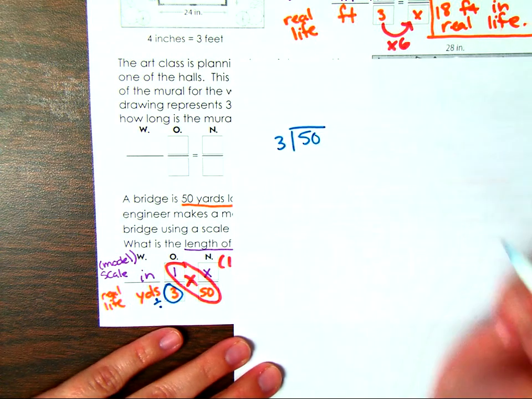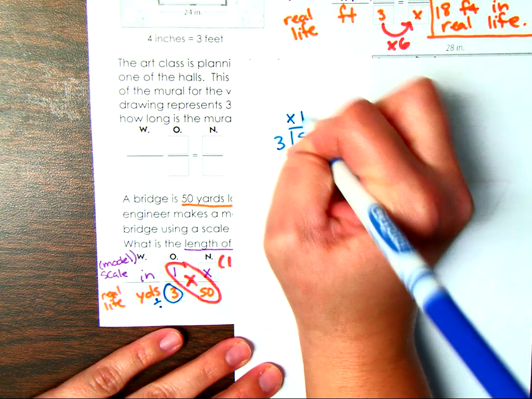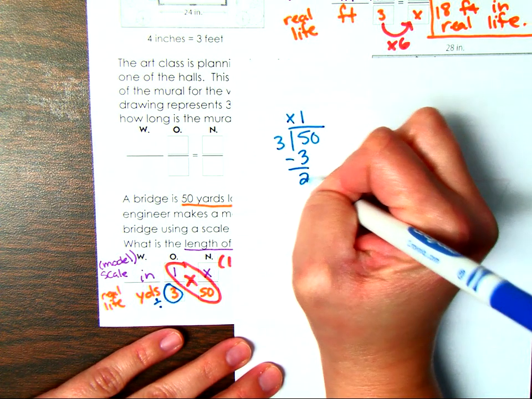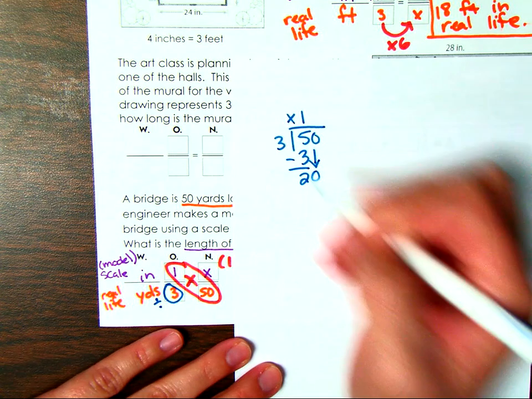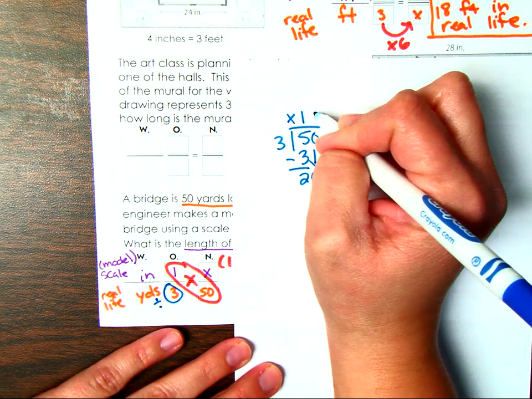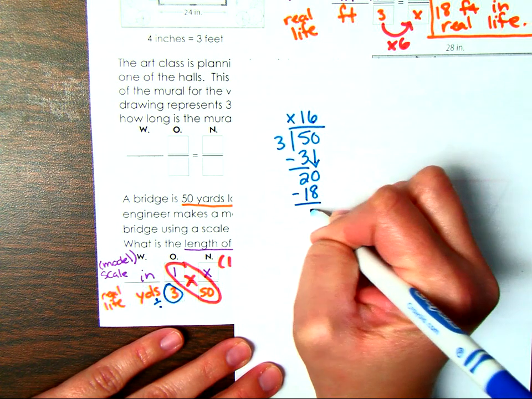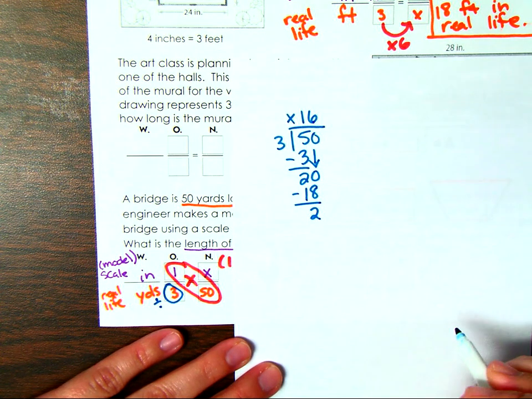So 3 goes into 5 once. 1 times 3 is 3. Subtract, bring down the 0. 3 can go into 20, 6 times, since 6 times 3 is 18. And then we have a remainder of 2. With remainders, we can either find a decimal equivalent or write it as a mixed number.